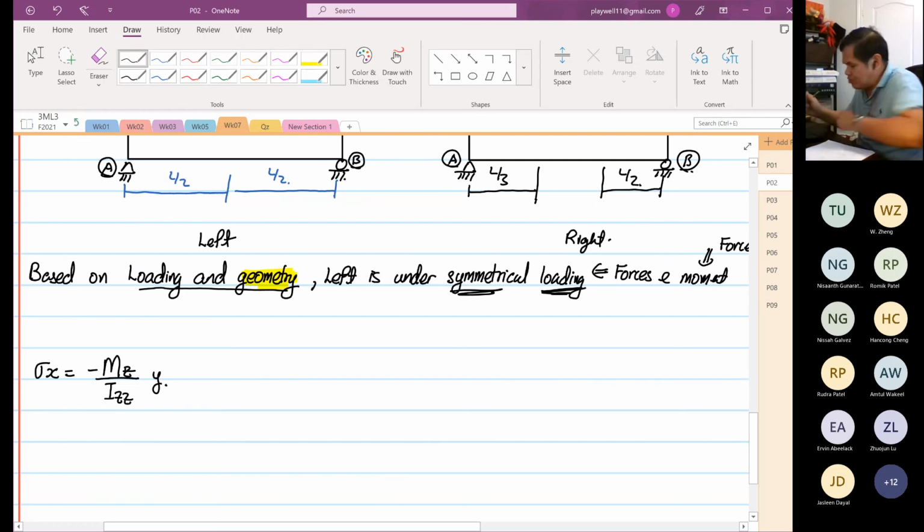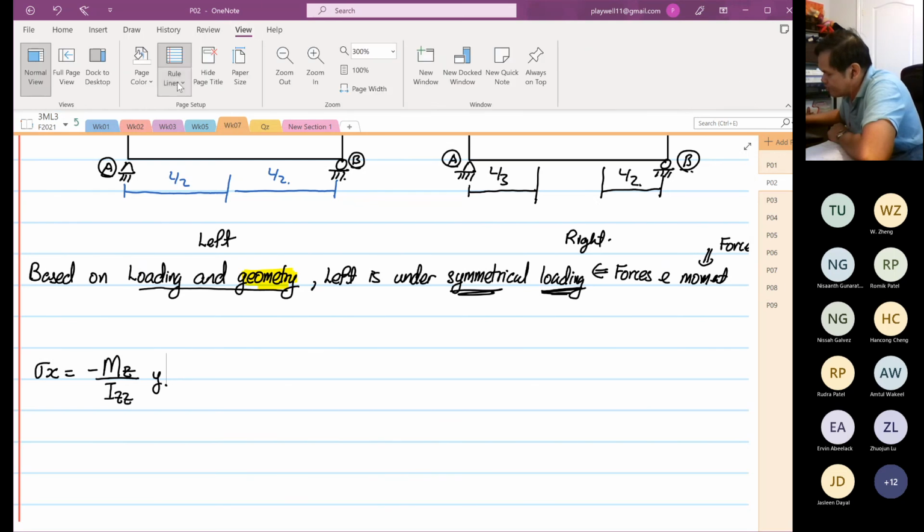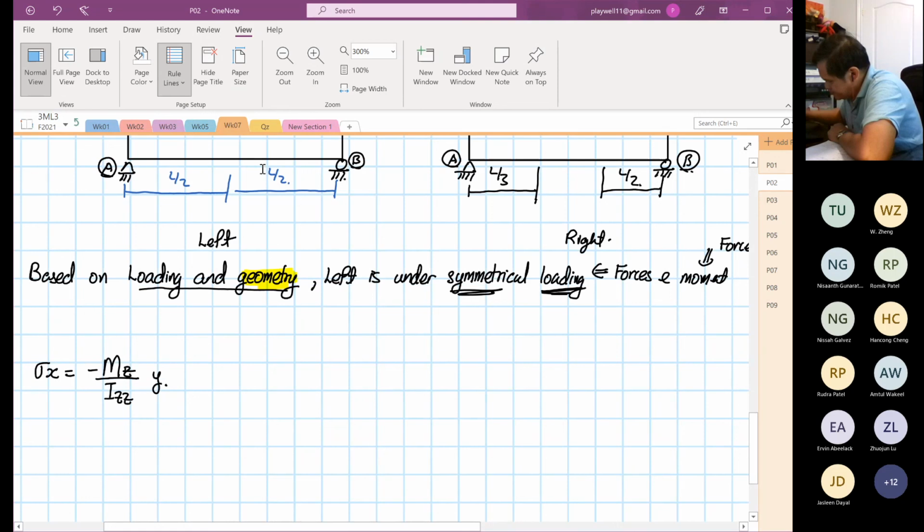I'm going to sketch three different structures for you. The first structure looks like this.